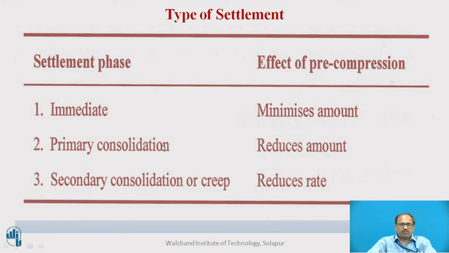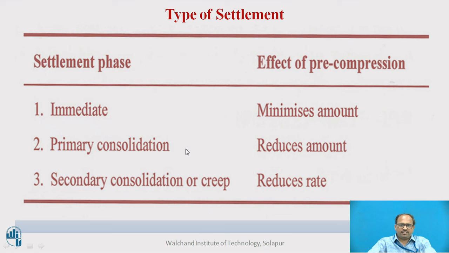For example, in the settlement phases, I already mentioned immediate settlement, primary consolidation, secondary consolidation, and creep. Immediate settlement minimizes the volume of the soil sample. For example, assume the depth of the soil sample is 1 meter. When you apply the pre-compression or surcharge load, it reduces some volume of the soil sample.